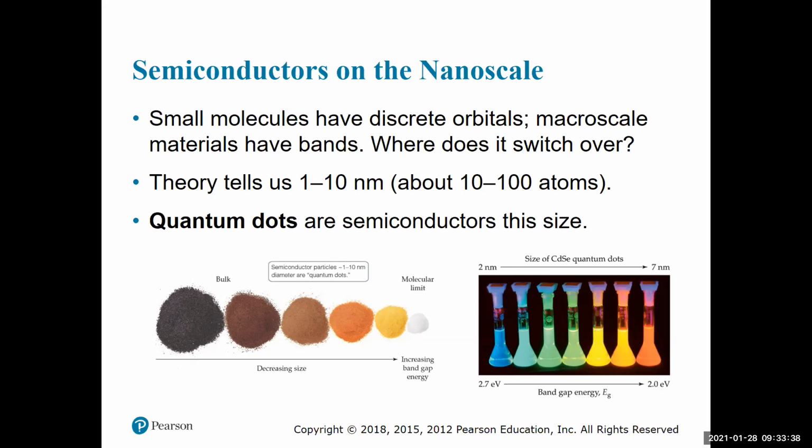And with these quantum dots, which is why they're looking at them in terms of semiconductors, you think about it, if you're building a computer or something like that, you want things as small as possible to have less weight, less size, things like that. So if you could take advantage of these really small quantum dots to make your semiconductors, then you would get some of those benefits.